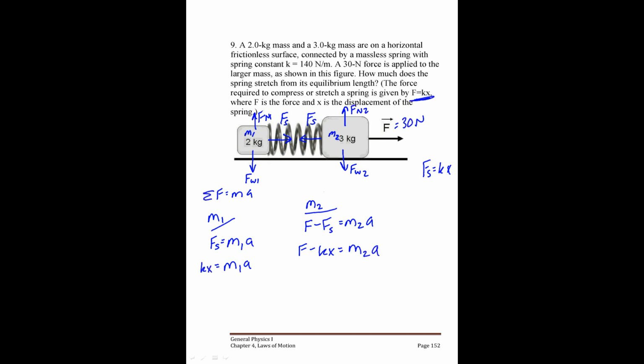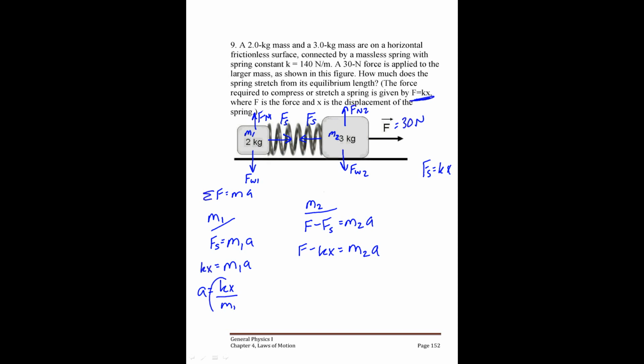Now I want to ask myself, what is it I'm looking for? I'm looking for x, how much the spring stretches from its equilibrium length. What don't I know? I know k, I know m1, but I don't know the acceleration. So I have two unknowns, x and the acceleration, the elongation and the acceleration. So I'm going to solve this system of equations. I'll solve this one over here for a. a is equal to kx over m1.